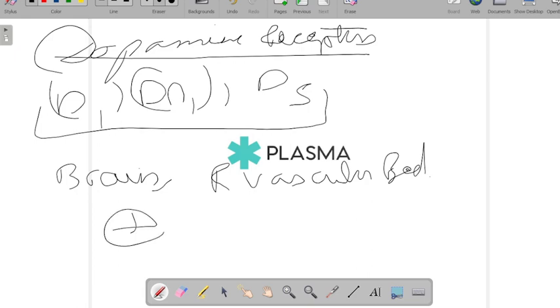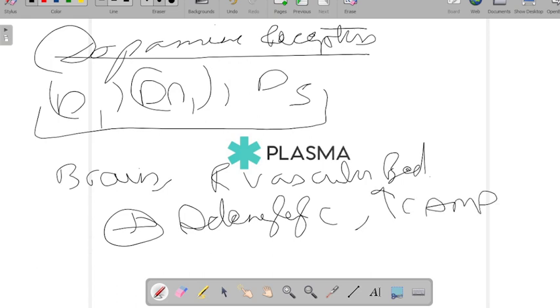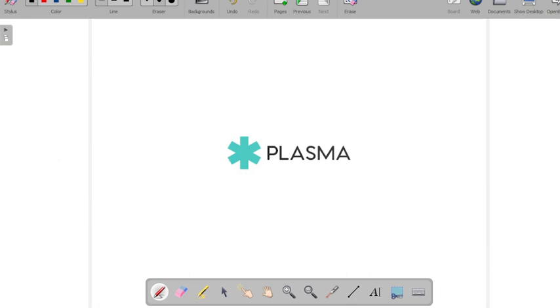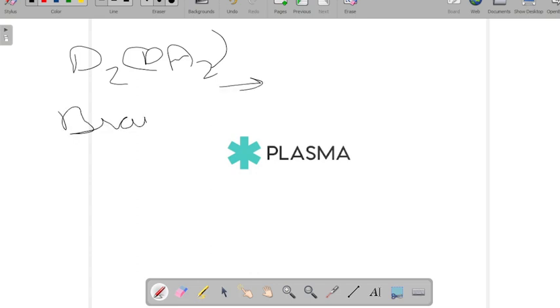Its effect is stimulation of adenyl cyclase and increased cAMP. D2 is known as DA2, present in brain effector tissues like smooth muscle and presynaptic nerve terminals.